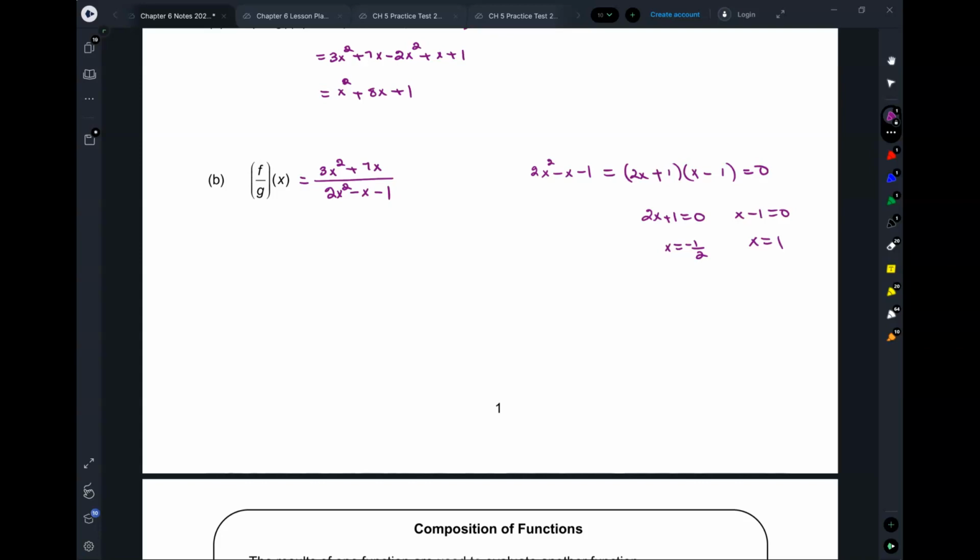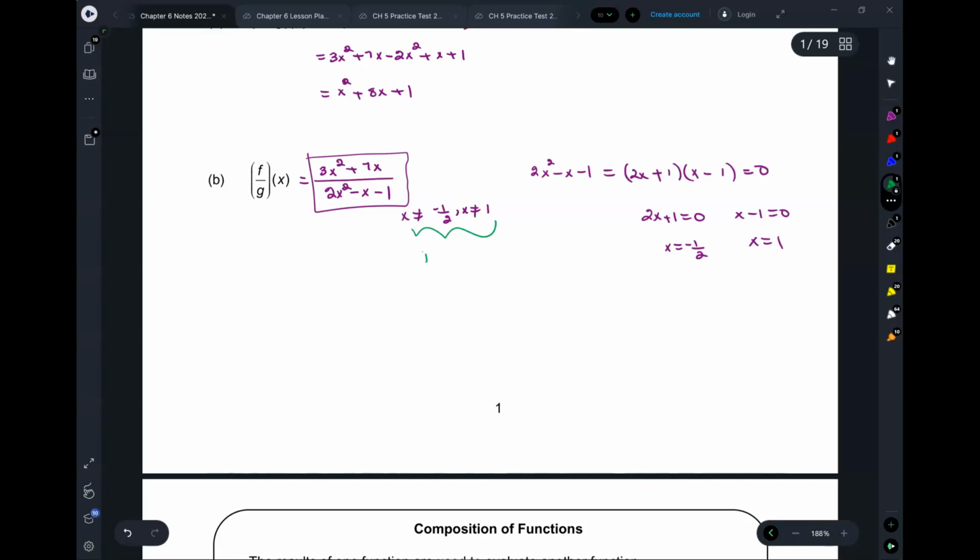Exactly. These are the points where the denominator is 0. That means the whole function is undefined. So when you write your answer here, you also have to say x can't be negative a half, x can't be 1. These are called the restrictions.